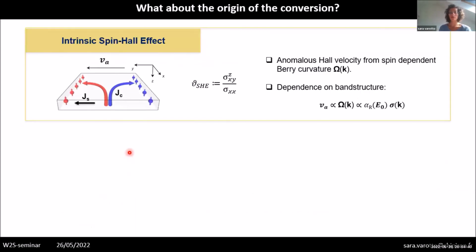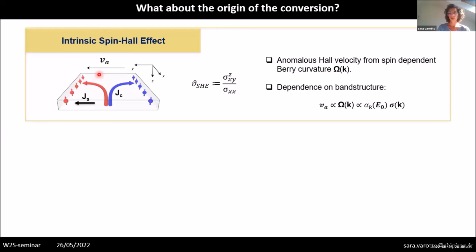And what we found is that the intrinsic spin Hall effect is more probable to be at play. This effect, to be very short, consists in the reversible conversion between a charge current and a spin current that can be seen as the appearance of an anomalous Hall velocity. So we have some sort of Hall effect in our material that depends on an internal magnetic field.